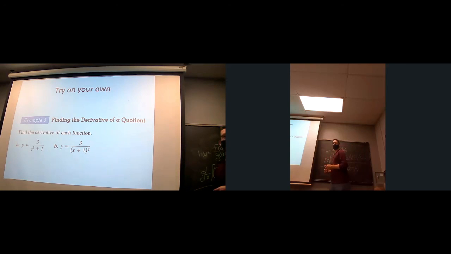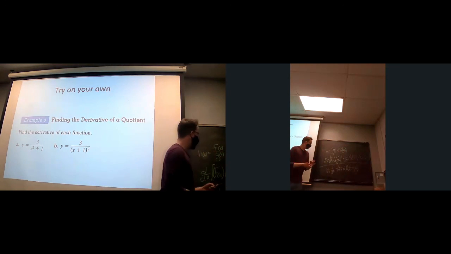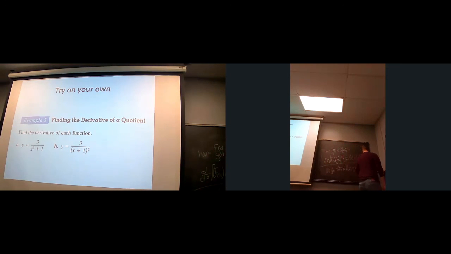Everybody agree? So we're going to get 1 over u squared times g prime, or g prime over g squared. Right?